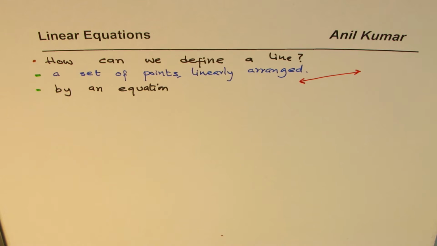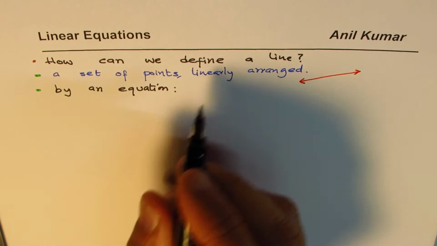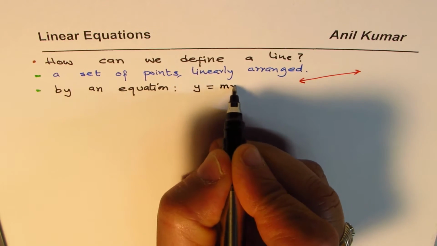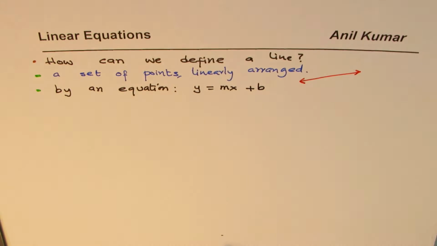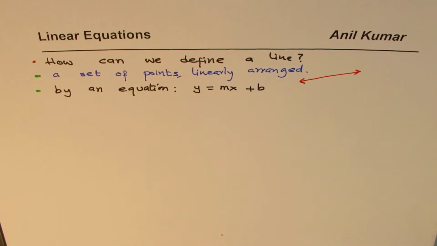If I write this equation, then you can define a line. So there's a line, general equation is y equals to mx plus b, for example, where m is the slope of the line, b is the y-intercept. Likewise, depending on what is the interest, we'll get different answers to this question.